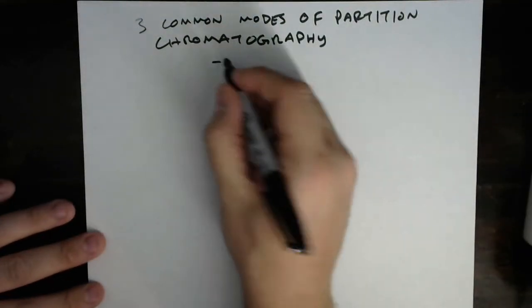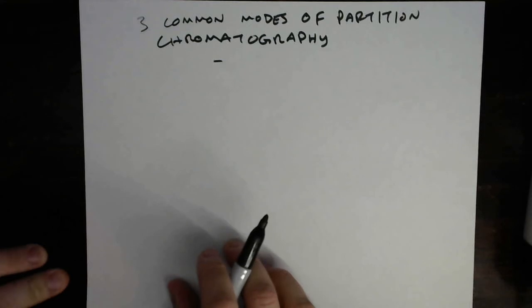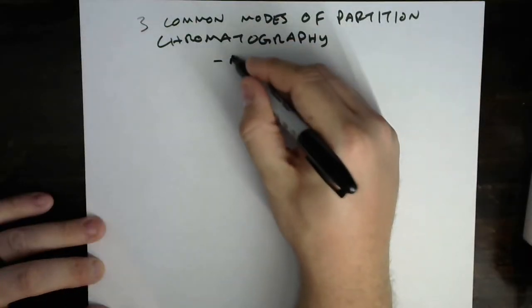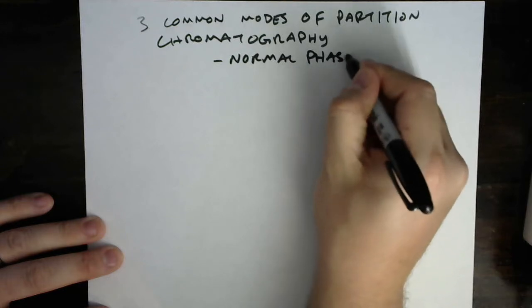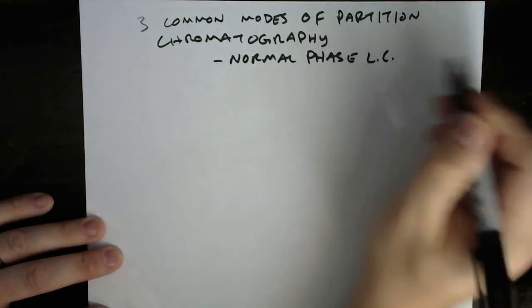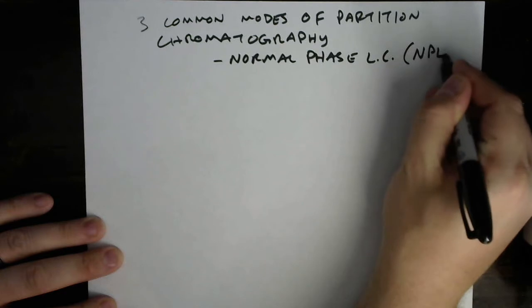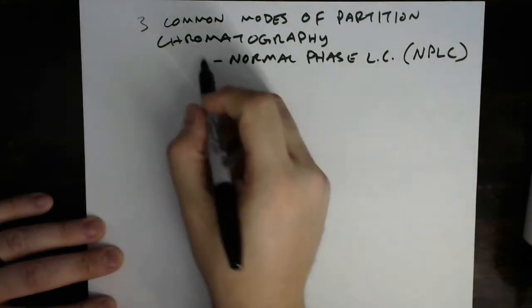So we'll define these, and then we're going to make separate breakout videos for each one of these. So the first is what we'll call normal phase LC, or NPLC, normal phase liquid chromatography.